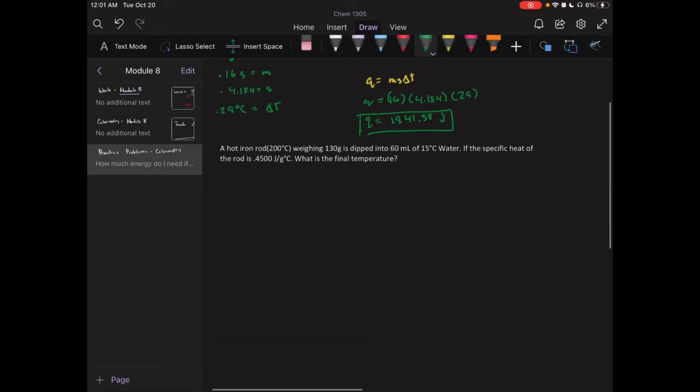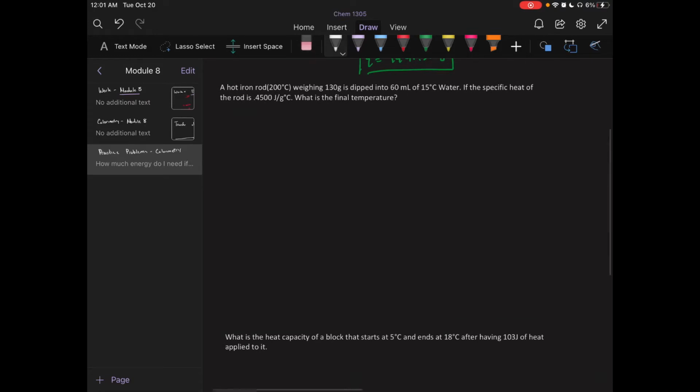All right, moving on. A hot iron rod of 200 degrees Celsius. So we know the initial temperature of the iron rod, I'll write IR, is 200 degrees Celsius. We also know the mass of the IR is 130 grams, and it is dipped into 60 ml of 15 degree water.